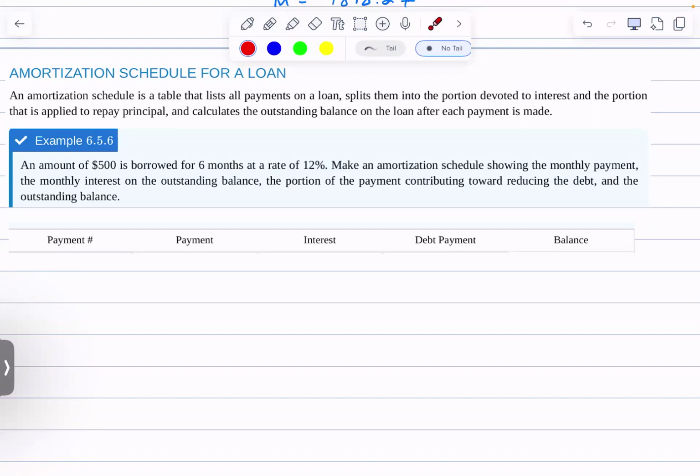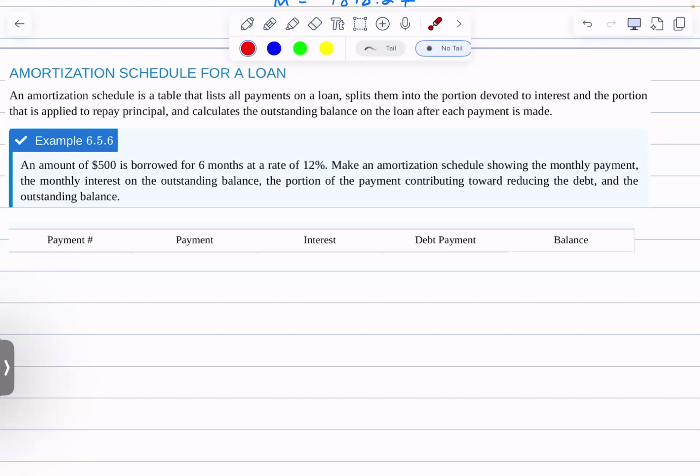But as you pay more and more off of your loan, you're only charged interest on the amount that's left owing. So at the end of each month, you owe a little bit less and a little bit less, and you're reducing the amount that you have to pay interest on.